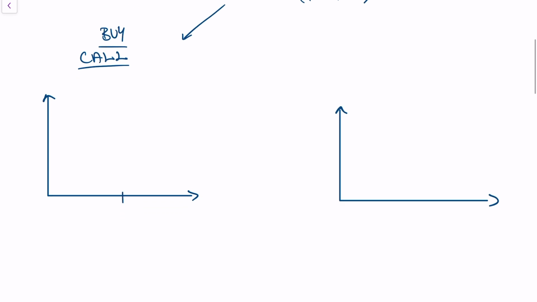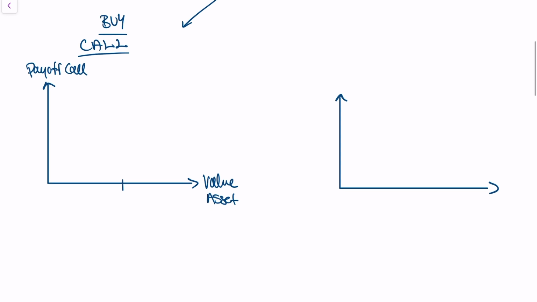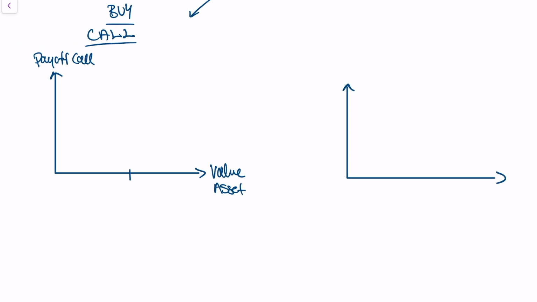So on the x-axis, I have the value of my underlying, the asset I'm allowed to buy. And on the y-axis, I have the payoff of the call. So let's say our option contract is that I'm allowed to buy the share of Apple for $100 in a year's time. And let's say in this year, the Apple share is worth $80.